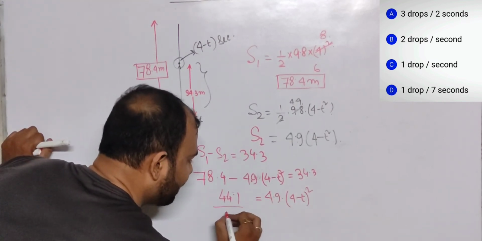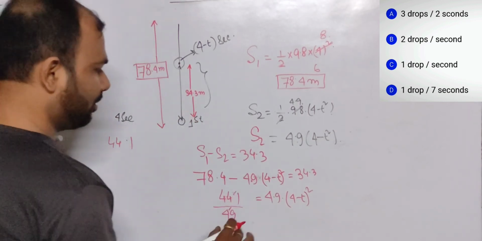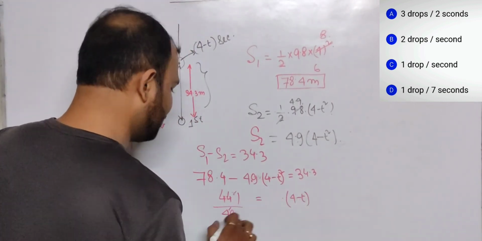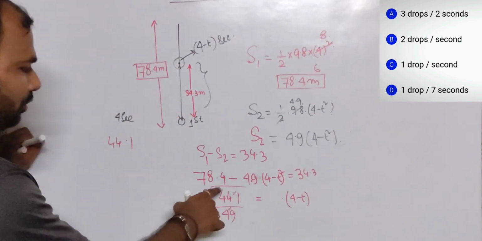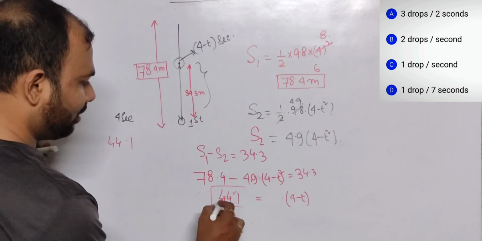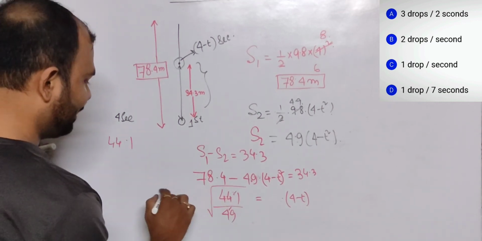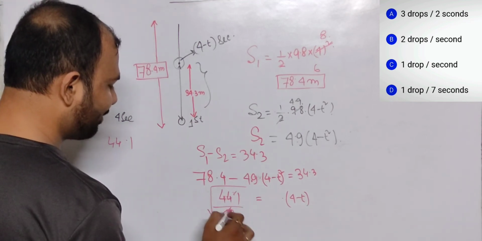If we cross multiply 4.9, this point gets cancelled out. If we remove the square, we'll get root over 441 by 49. Root over 441 is 21 and root over 49 is 7. That means 21 by 7 is 3.